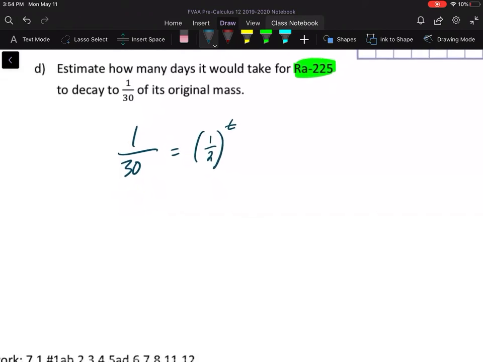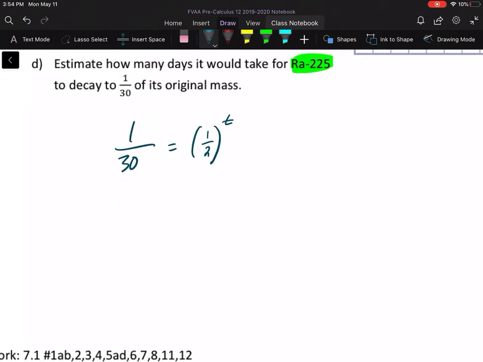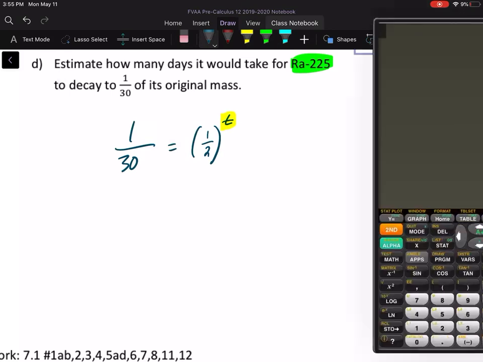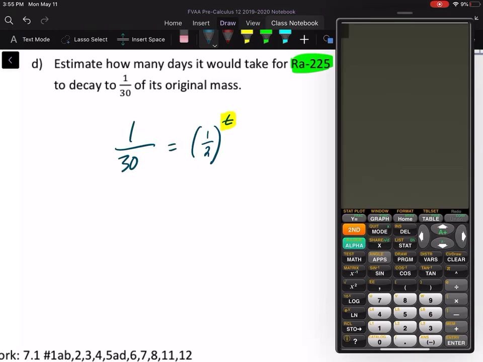Obviously we're going to be dealing with logs in a second, so we'll have an equation to go from exponential to logarithmic form, which will allow us to solve for these missing variables. But for now, we can just use the guess and check method. I know in decimals that this is about 0.03 repeating. So what exponent of 1/2 would get me that?